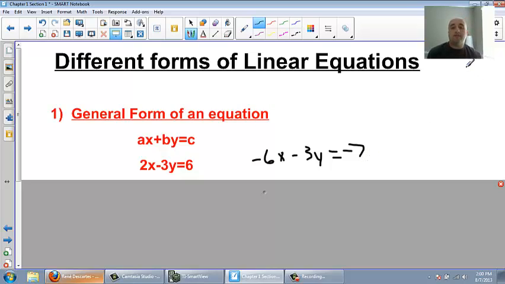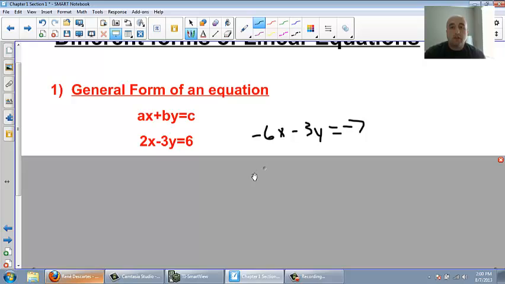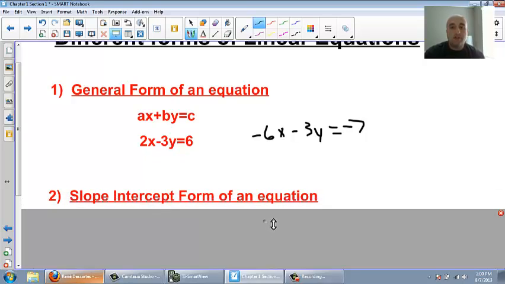We could also have that. It all depends on the particular example that we see, but you could use positives and negatives here.